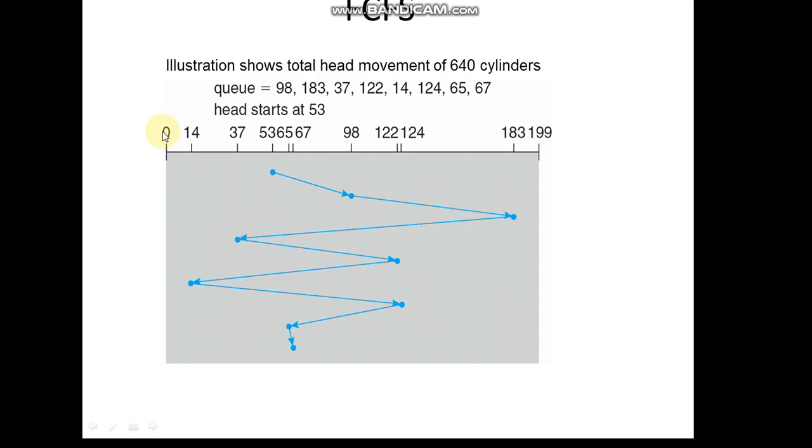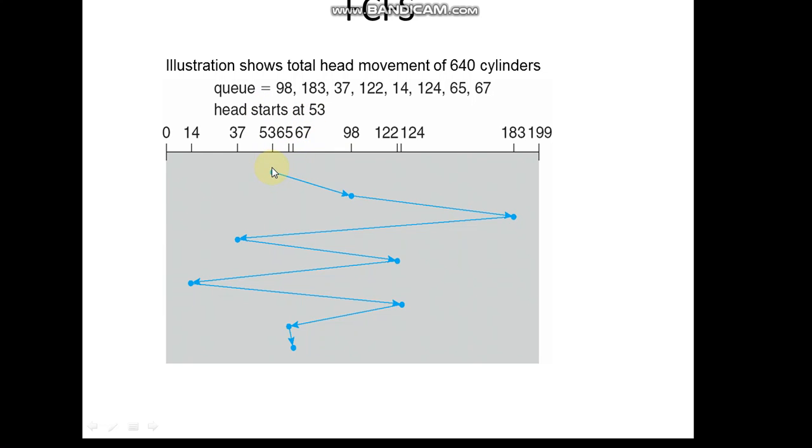You know that the total possible sectors in the queue are between 0 to 199. So we'll put a scale line here between 0 to 199. First, mark with a bullet where your head is pointing, at the 53rd sector.